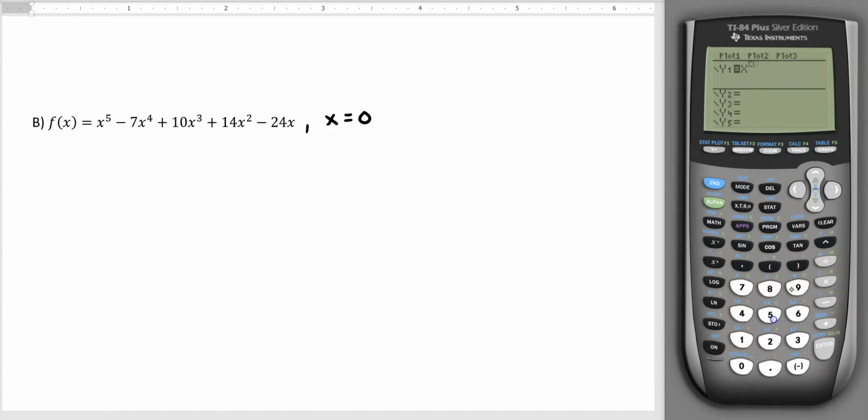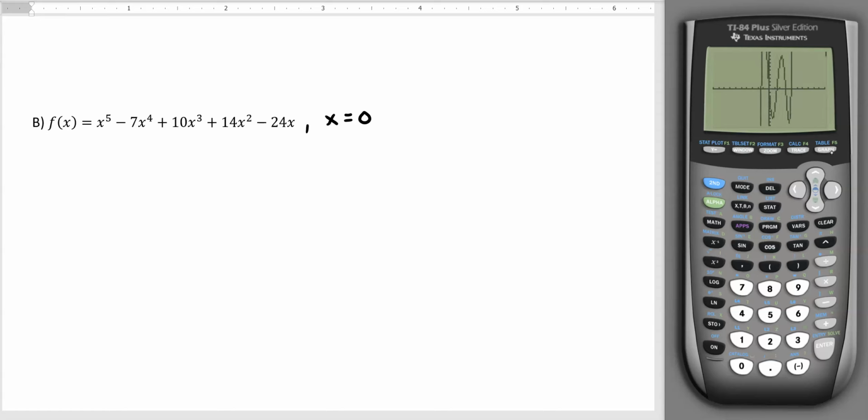So we'll say x to the 5th minus 7x to the 4th plus 10x to the 3rd plus 14x squared minus 24x. Graph it. Show me something good. Show me the money.